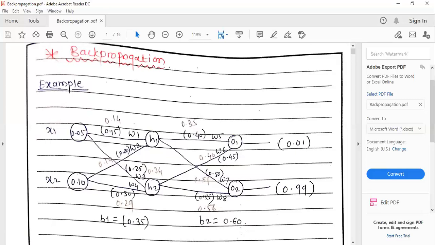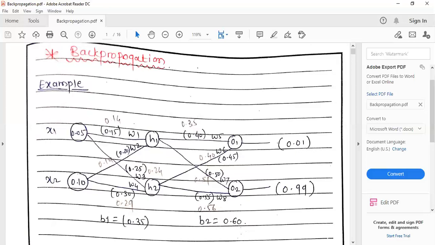We are having two input nodes, x1 and x2, and weights given to it are 0.05 and 0.10 respectively. Then x1 is going to h1 and h2 along with the weights 0.15 and 0.25. x2 is again going to h1 and h2 along with the weights 0.20 and 0.30. For everyone we have given the names w1, w2, w3 and w4.